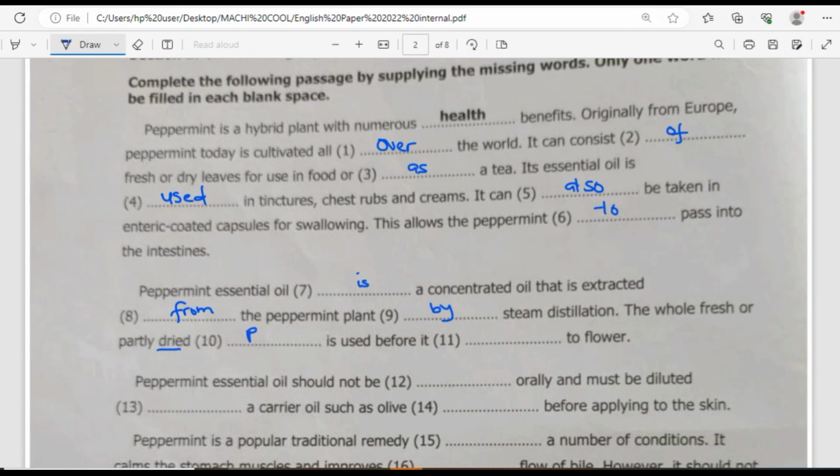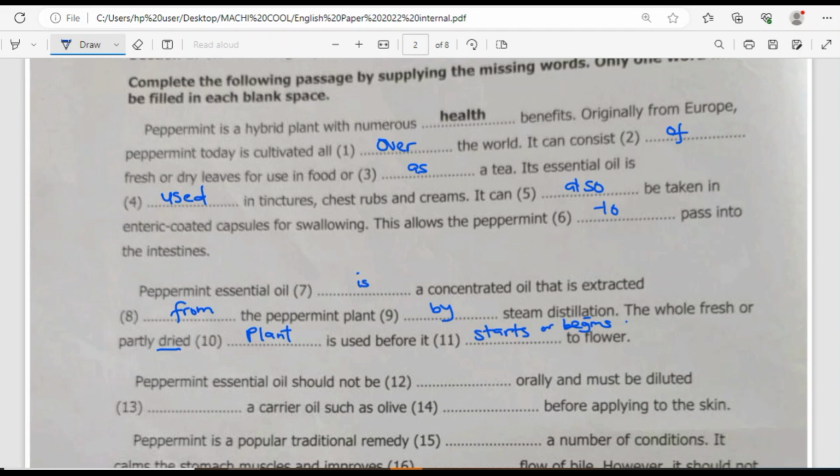So it can be used as fresh or a dried one before it. So the answer you can say is before it starts to flower, or you can say begins.